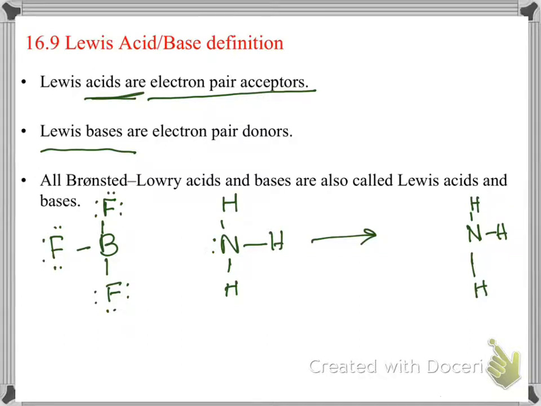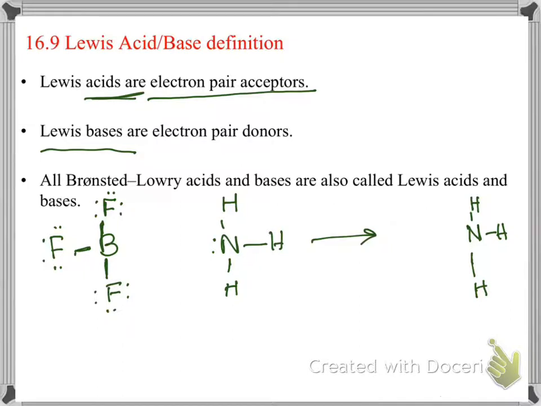If you look at boron, boron does not have an octet here. It has only 6 electrons: 2, 4, 6. So it can act as an electron pair acceptor to get the octet.